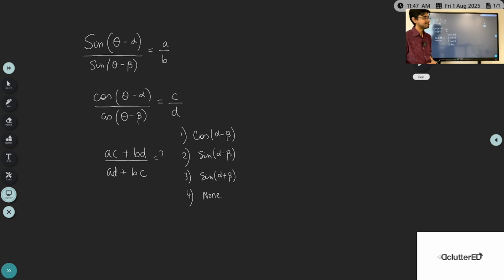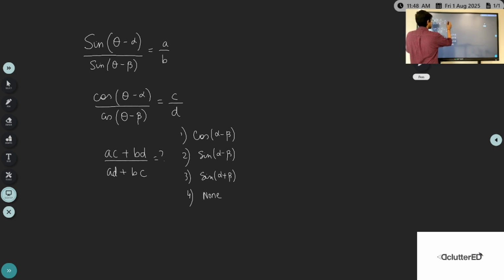Alright, so this question can be solved using one simple thing: componendo and dividendo. But for us to be able to apply that, we first have to get the AC, BD term and the AD, BC term.